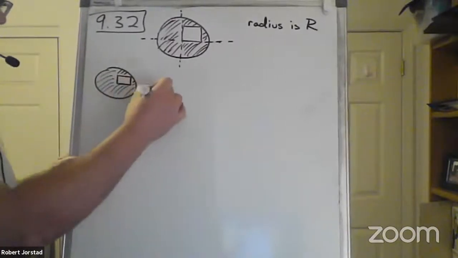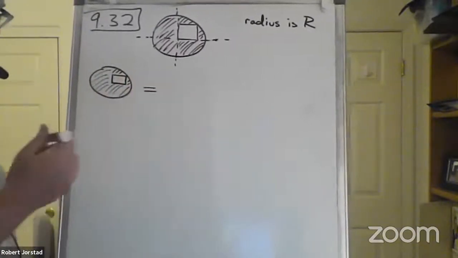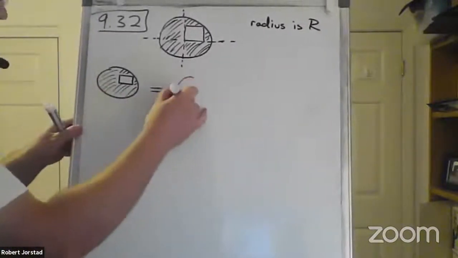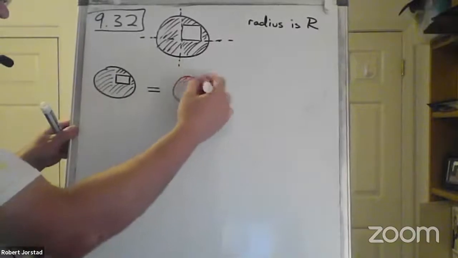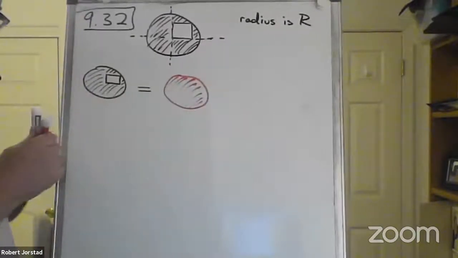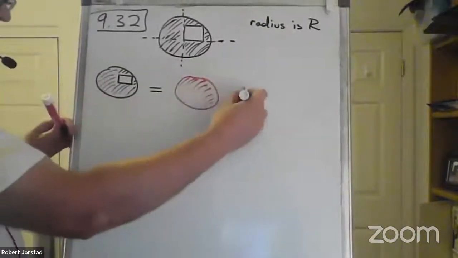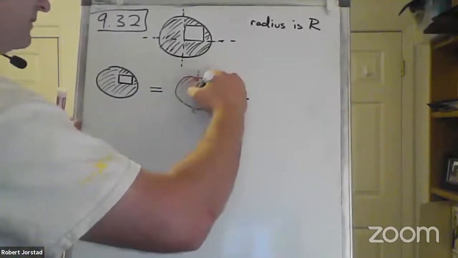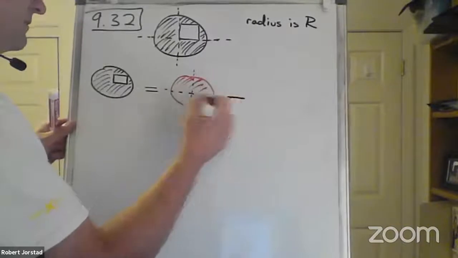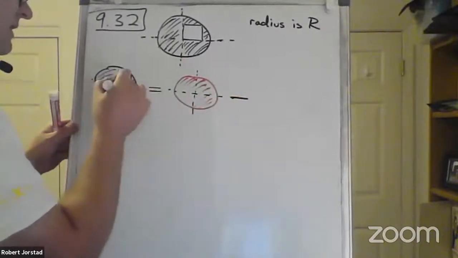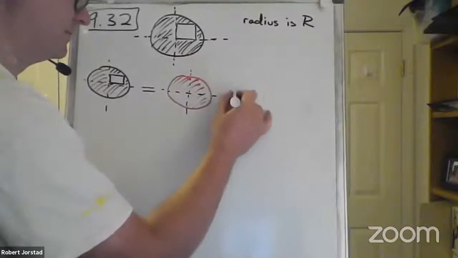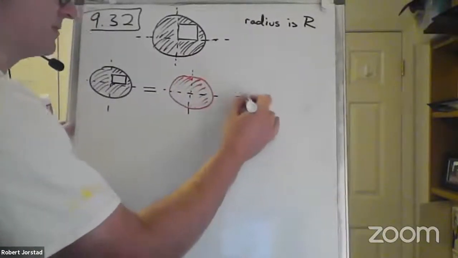So what we're going to do is say that this is equal to a solid circle with no hole minus, and I'm going to put the coordinate system on here just so I could follow. That's a minus sign.